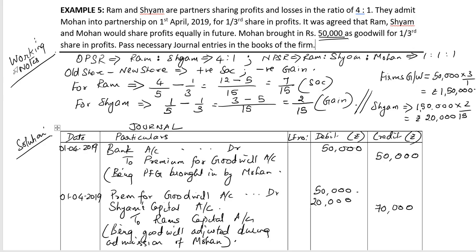So if any other existing partner gains, we should remember to debit his capital account also with the amount of firm's goodwill multiplied by the amount of his gain.